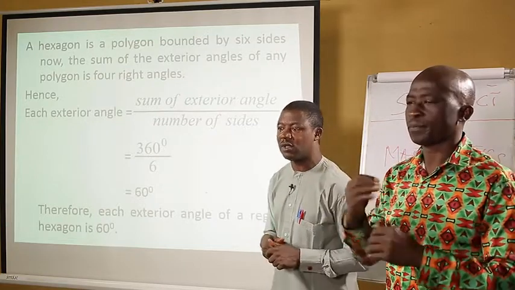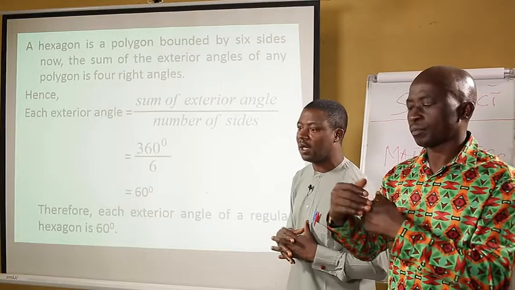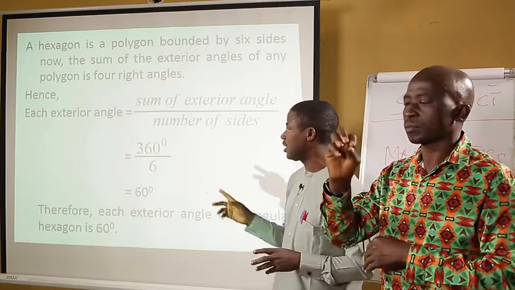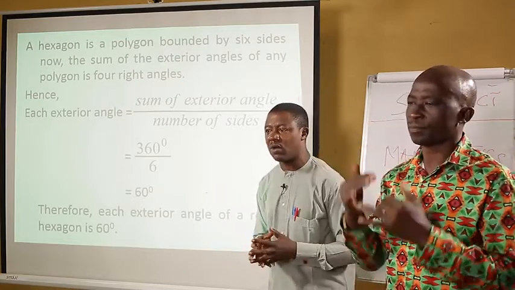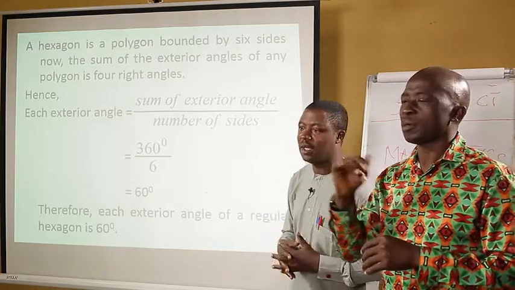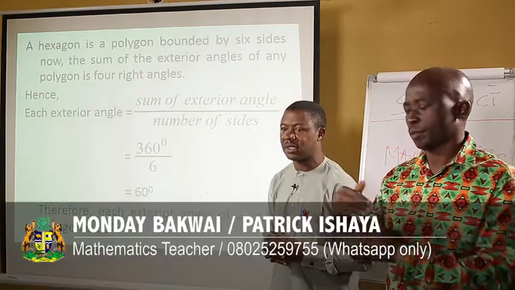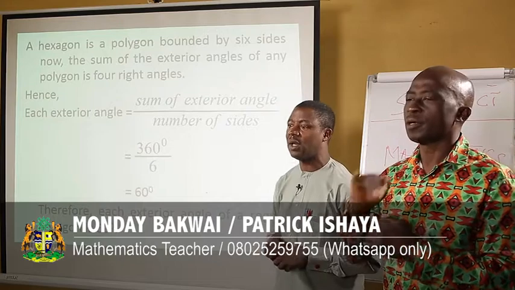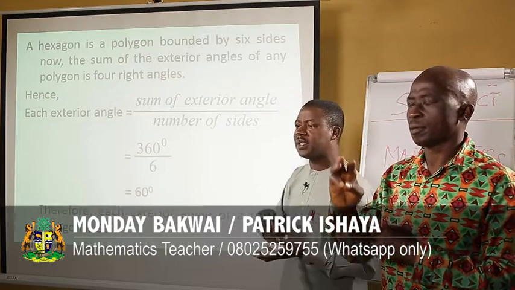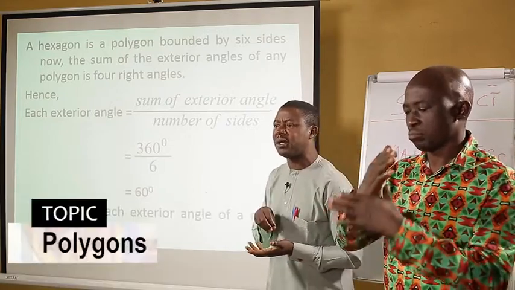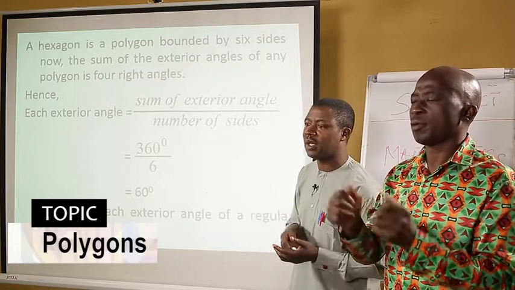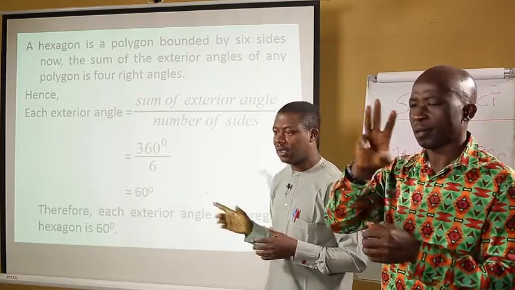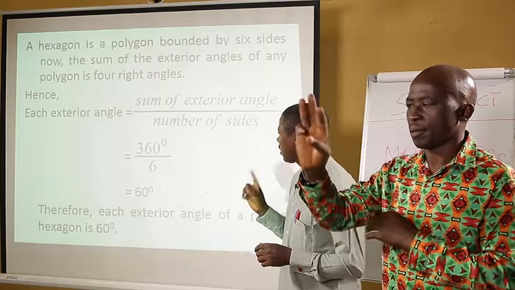The sum of the exterior angles is 360 degrees. Now a hexagon is 6, a figure bounded by 6 sides. Now we divide the sum of the exterior angles by the number of sides, which is 360 degrees divided by 6.